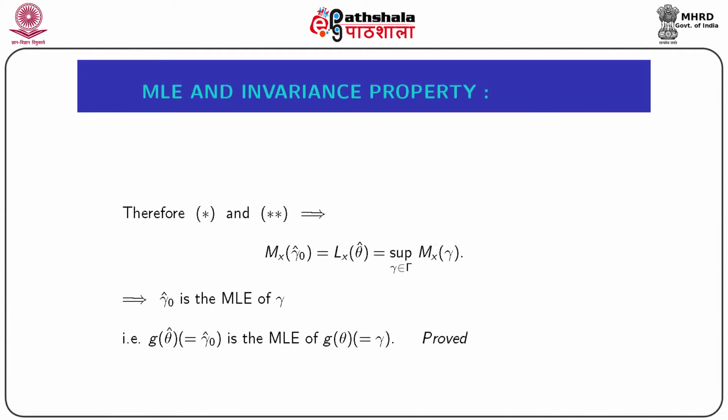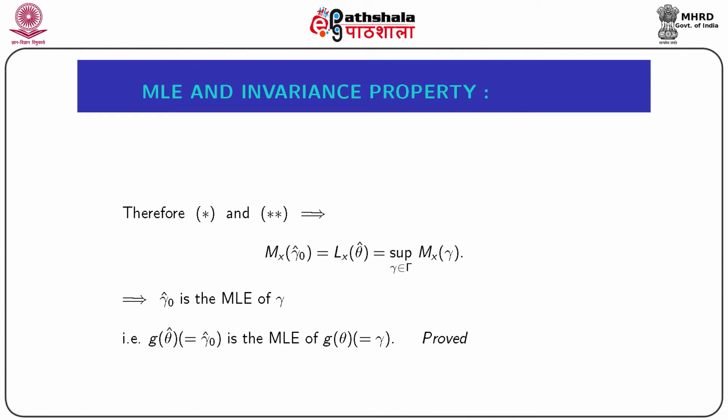Therefore, combining star and double star, we can say that the function M_x at the point gamma naught hat is nothing but the likelihood function L_x at theta hat, and that is equal to the supremum of the function M_x(gamma) over all gamma belonging to the set capital gamma. This implies gamma naught hat in the true sense maximizes the function capital M_x(gamma).